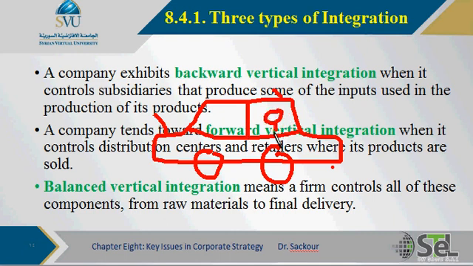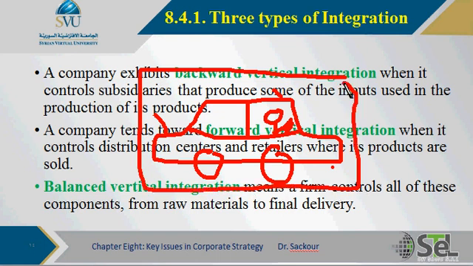Backward integration: to manufacture a car, what do we need? We need raw material, equipment, let's say tires, an engine, the glass.